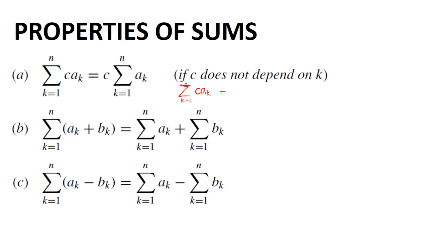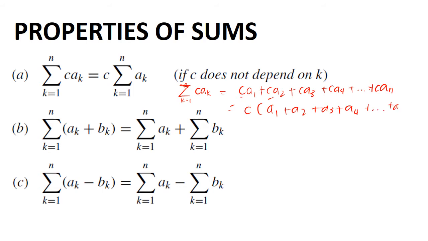So, pag in-expand kasi natin yan, we get CA1 plus CA2 plus CA3 plus CA4 and so on up to CAN. And as you can see, si C, hindi naman siya nagbabago. So, pwede mo siyang i-factor out and then you get A1 plus A2 plus A3 plus A4 up to, of course, AN.